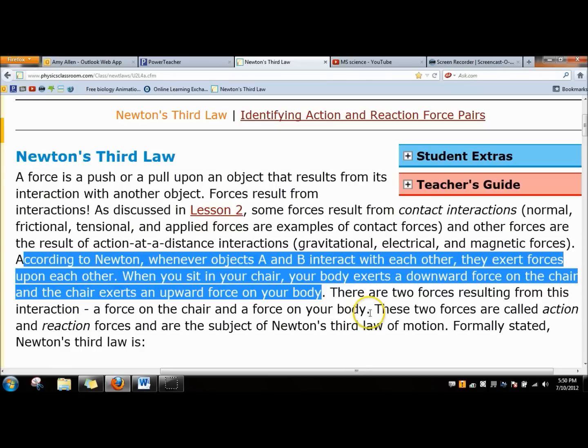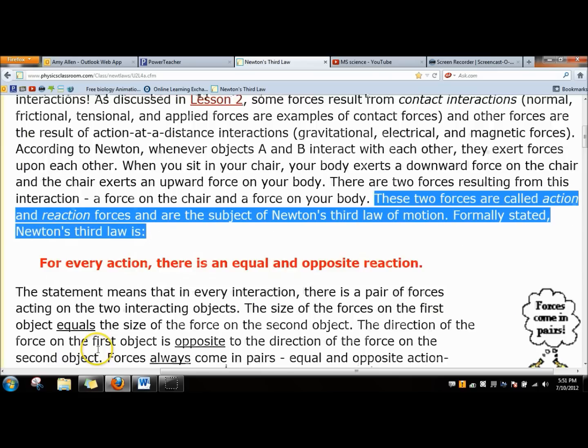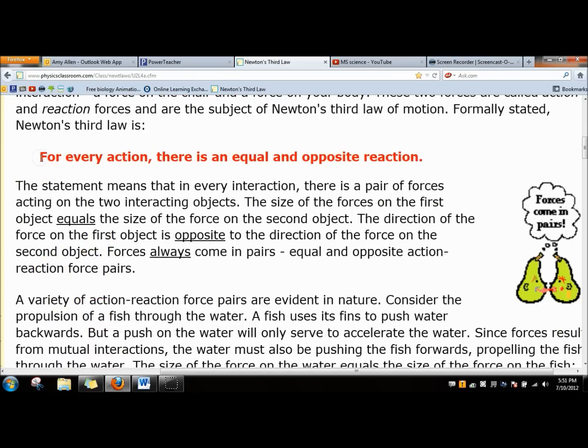These 2 forces are called action and reaction, and they're the subject of Newton's third law. Formally stated, Newton's third law says, for every action, there is an equal and opposite reaction. So to break that statement down a little bit, the statement means that in every interaction, there is a pair. Forces come in pairs, acting on the 2 interacting objects. 2 forces, 2 objects.